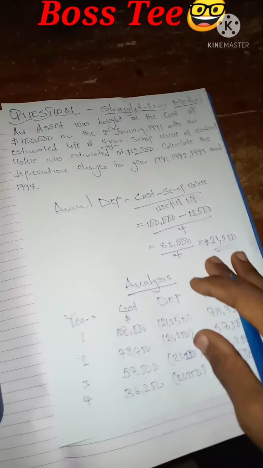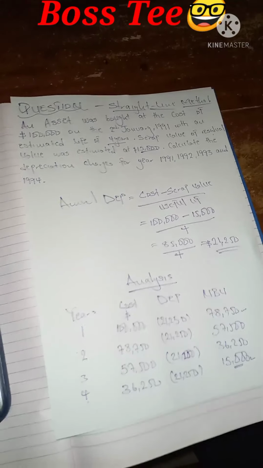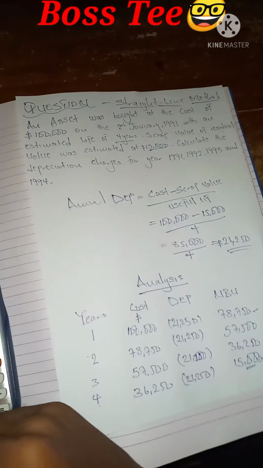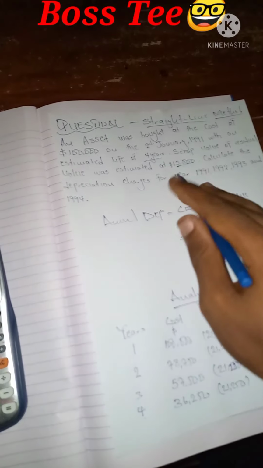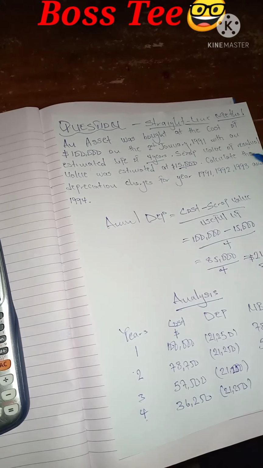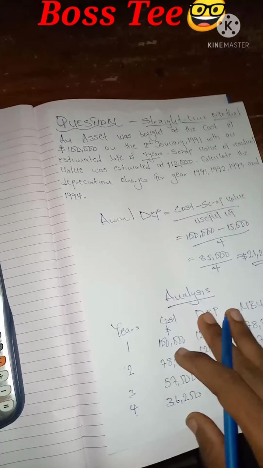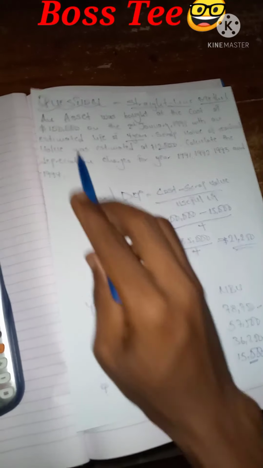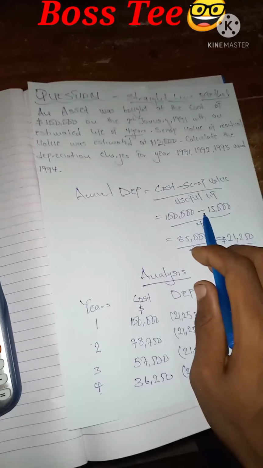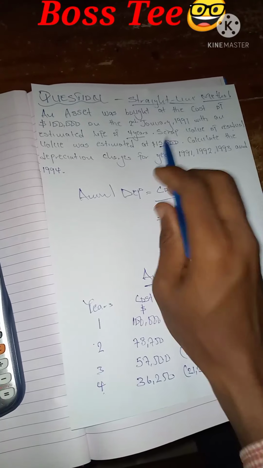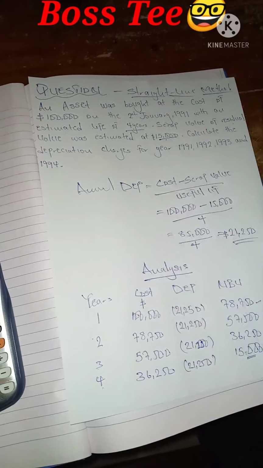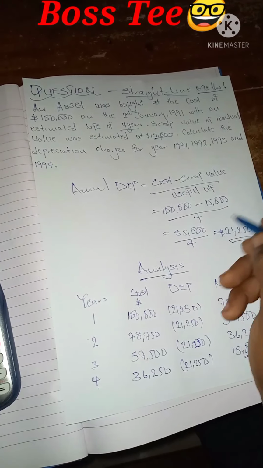So just go over this question. We say the asset was purchased for 100,000, but its scrap value is 15,000, and it must be used for 4 years. So to ascertain first our annual depreciation, we say the cost of the asset, which is 100,000, subtract your scrap value, which is 15,000, all over the estimated usage, which is 4.